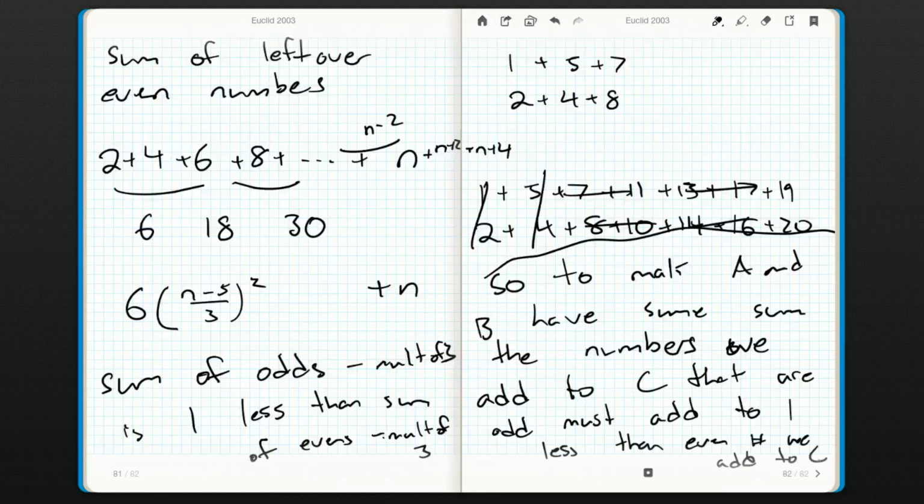Because then we'll balance things out. Like when we took 1 out of the odd numbers, and then we took 2 out of the even numbers for 8. So this is probably an important thing to know.